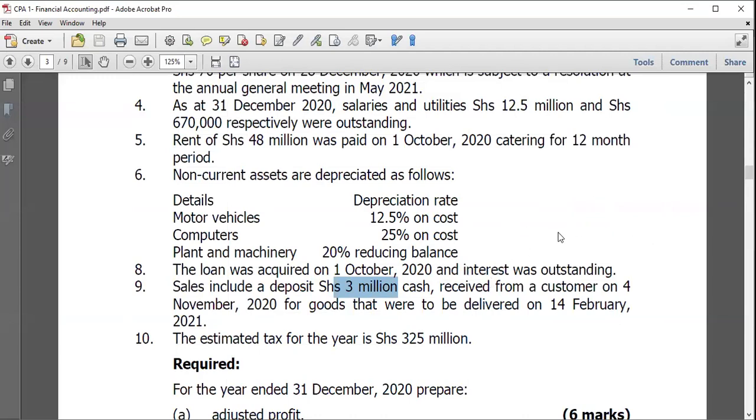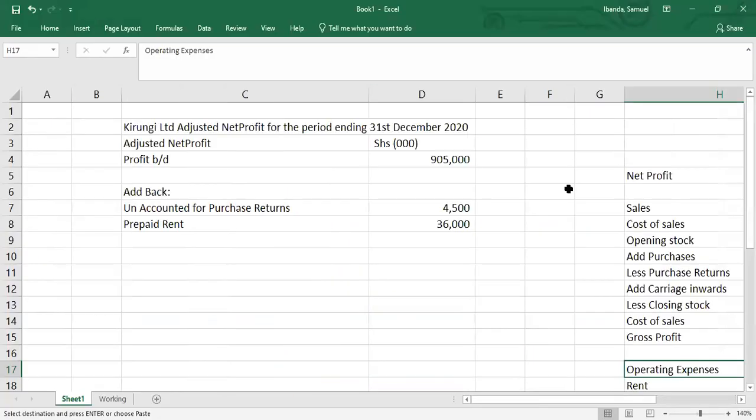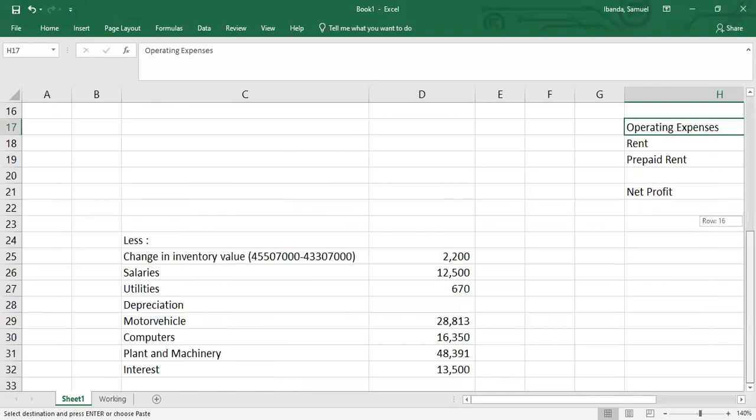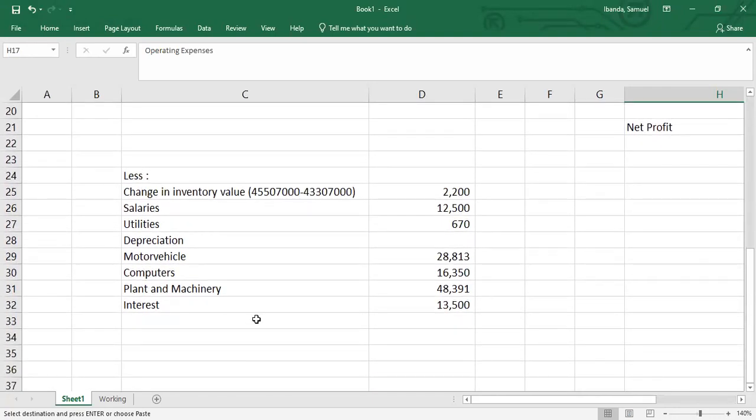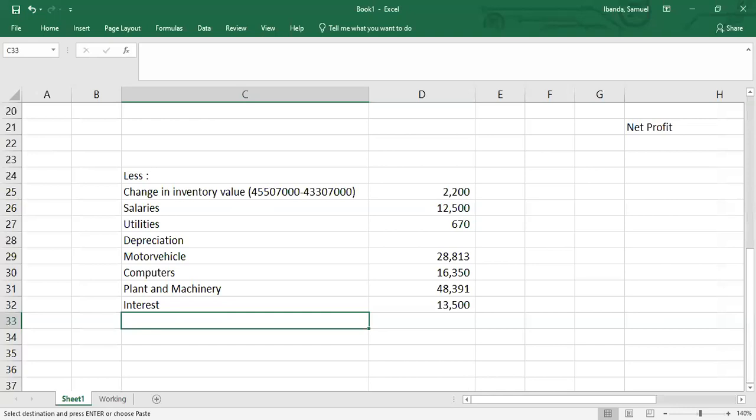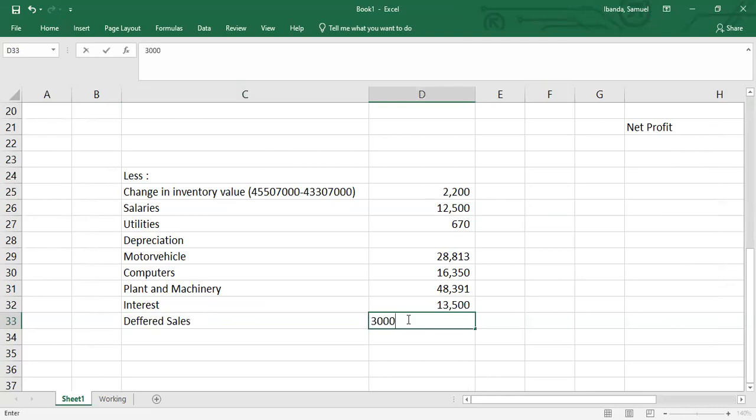So this 3 million, we have to negatively adjust on our profit. So we have to come here and be able to less those deferred sales. I call them deferred sales of 3 million. Okay, so that is what I'll basically do.